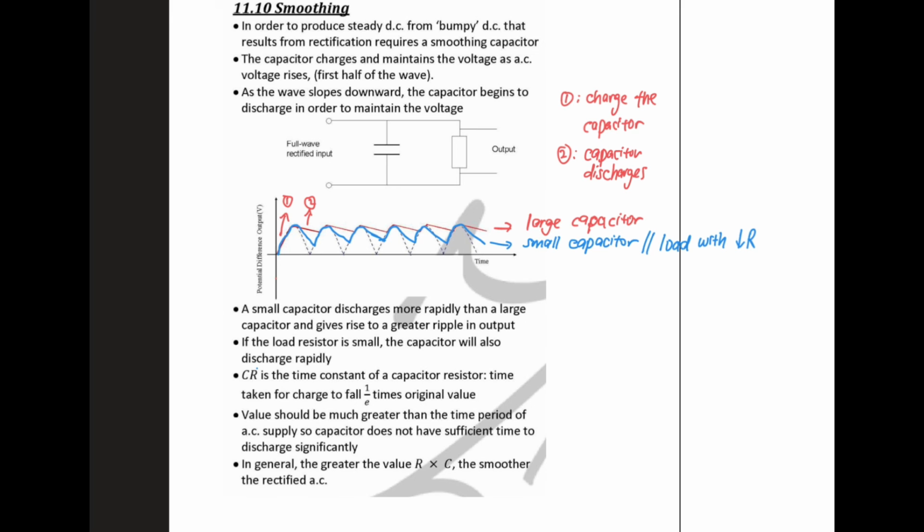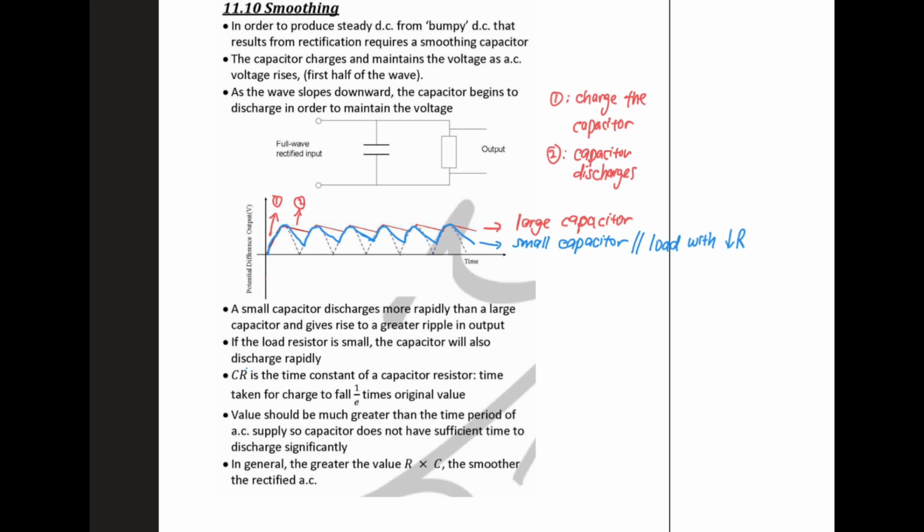Okay, so these are the two factors that make the discharge happen rapidly. Okay, so how to choose a capacitor then? We have some calculation here. You have to take the capacitance of the capacitor, multiply with the resistance.